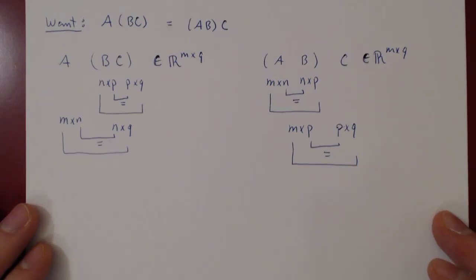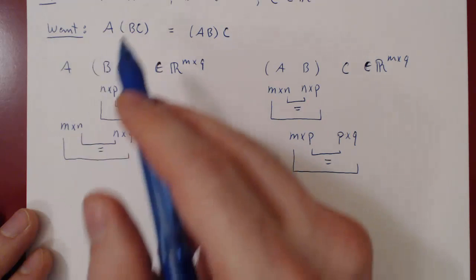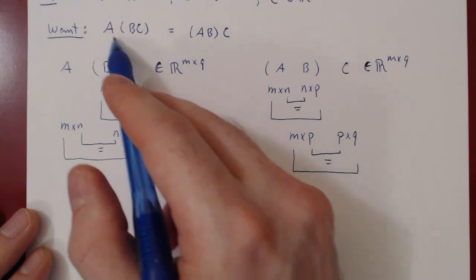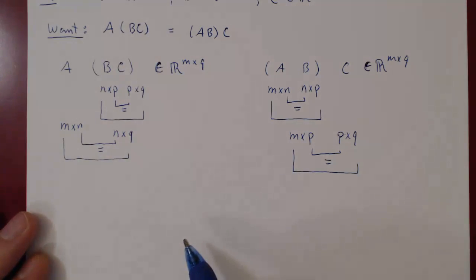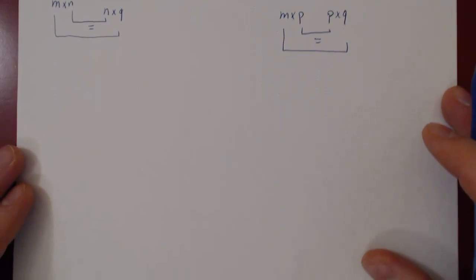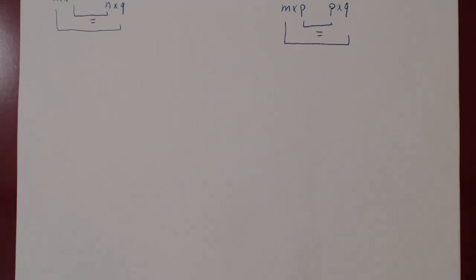And this will be quite interesting as we have not just one, but two multiplications taking place. There's the B times C and then times the A. And because there are two multiplications, we will end up with double summations. So we have to prove now that the two matrices have the same corresponding entries.